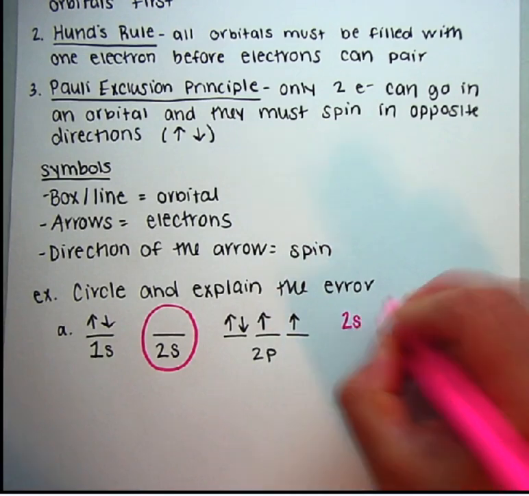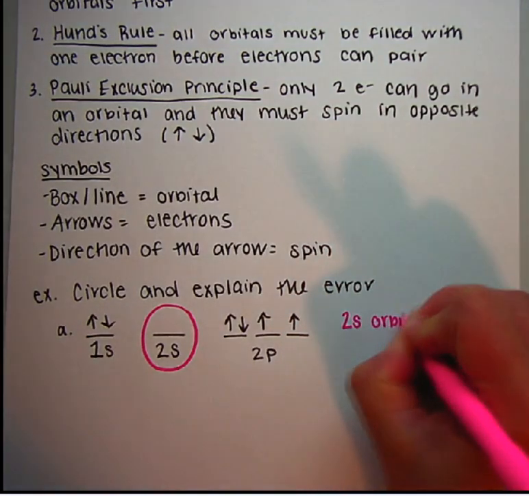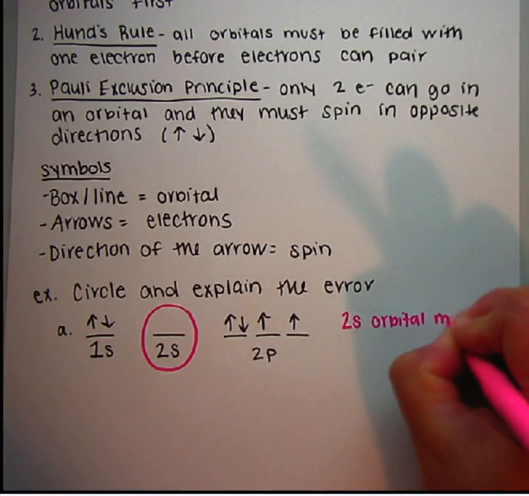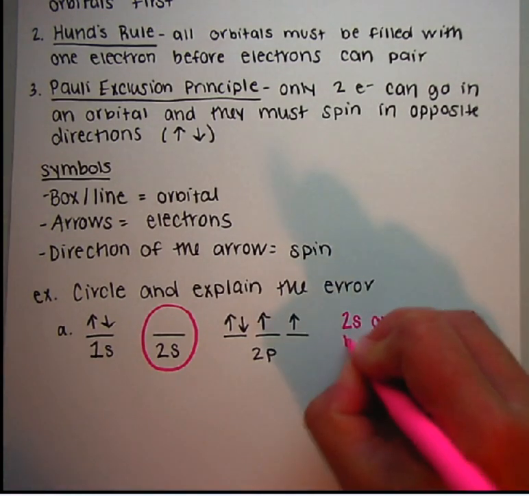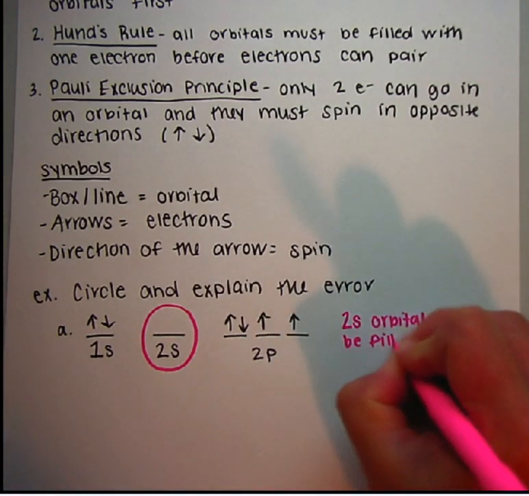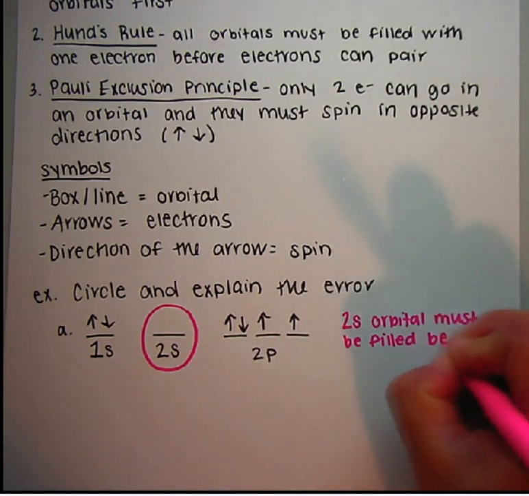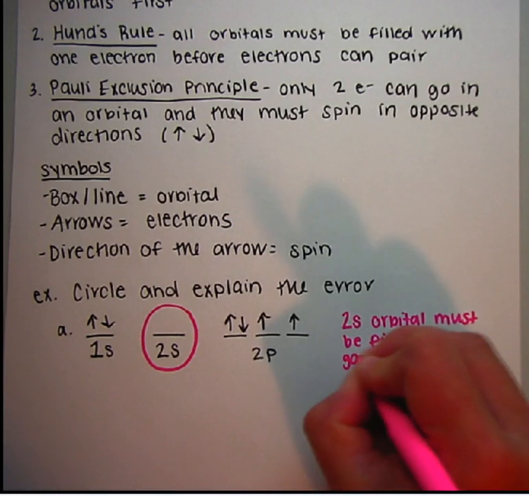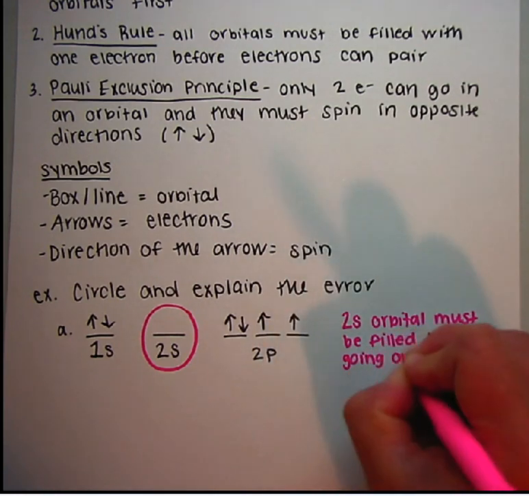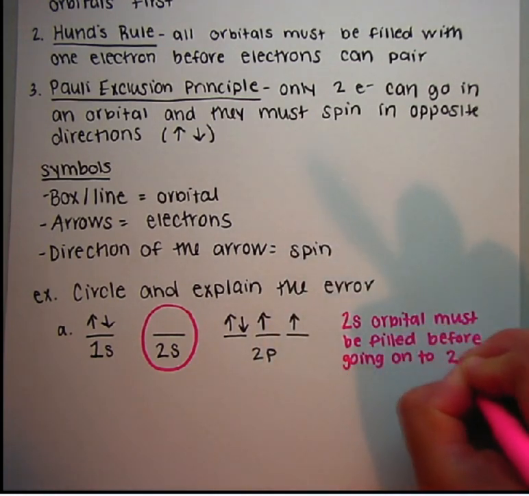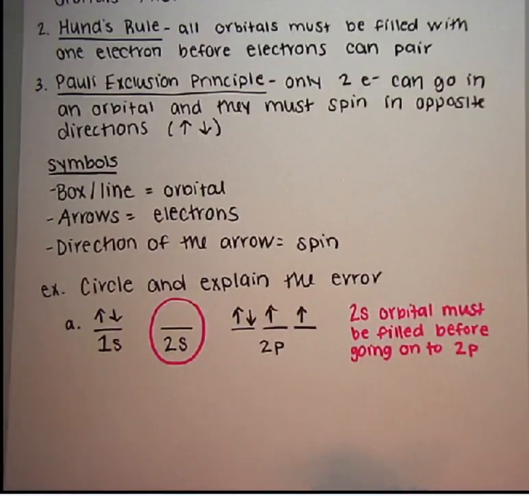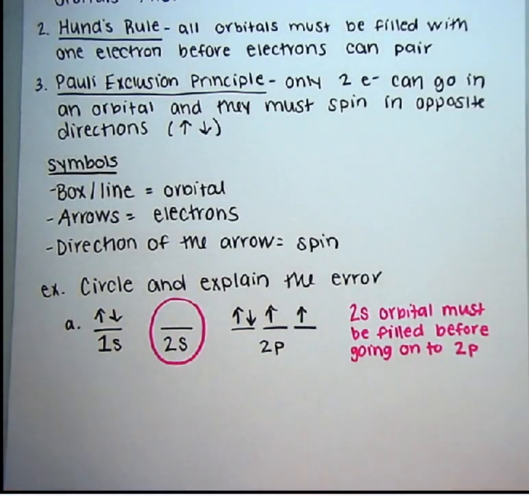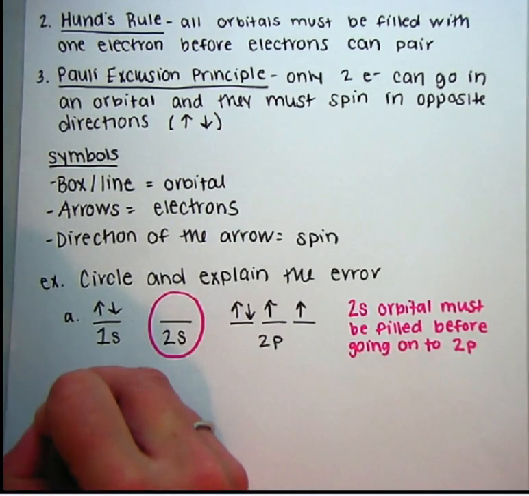So the 2s orbital must be filled before going on to 2p. You have to fill the lower energy orbitals first. We have to fill 2s before we can go back and fill 2p. B.